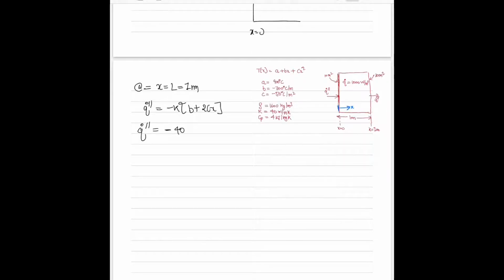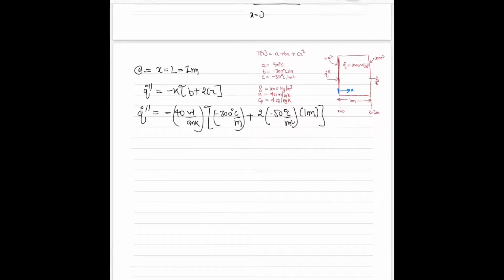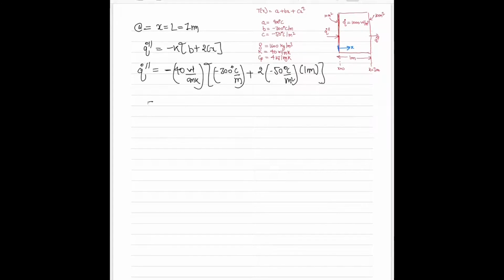So we can write our heat flux as minus k, that is 40 watts per meter per Kelvin, times b, that is minus 300 degrees Celsius per meter, plus 2c, that is minus 50 degrees Celsius per meter square times 2, and x, that is equal to 1 meter.